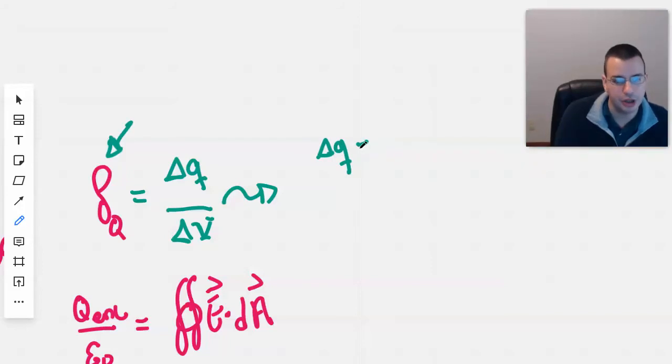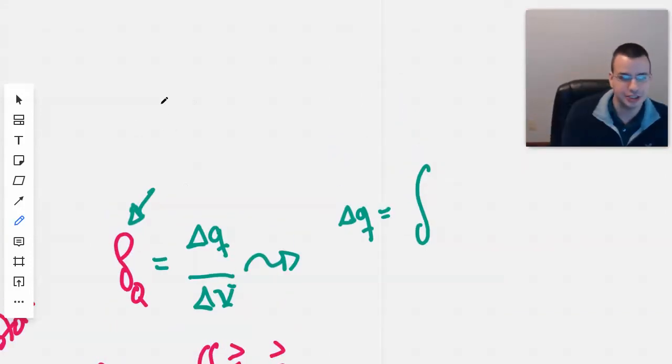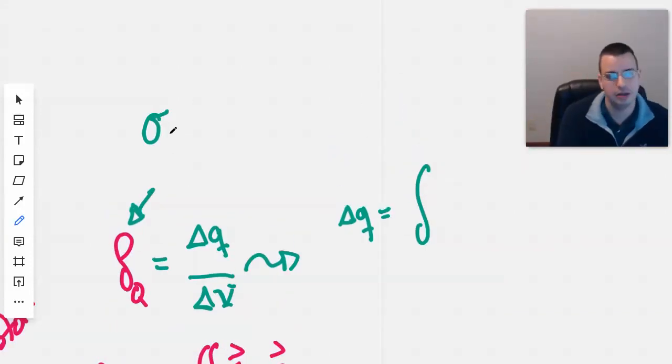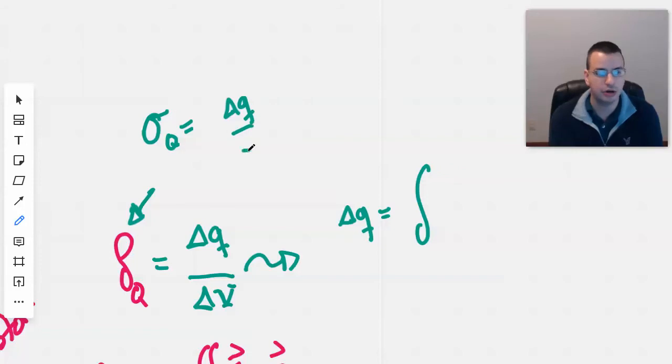So the definition of electric charge density is a small unit of charge for a small unit of volume. You will also see things such as sigma, with a little q here, which is a surface charge density: a small unit of charge for a small unit of area.